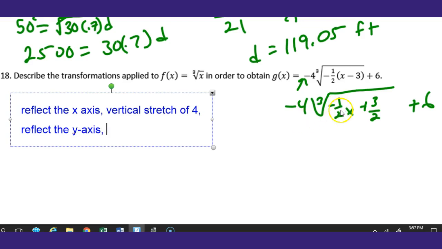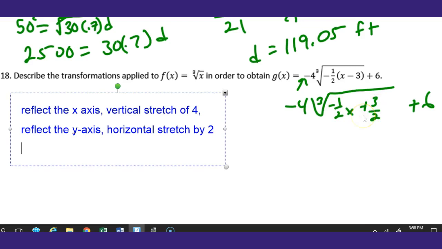And then that 1/2 tells me horizontal stretch by 2. Remember, you use the reciprocal right here, just like we did in the other video, so horizontal stretch by 2. And then that plus 3/2 tells me left by 3/2.